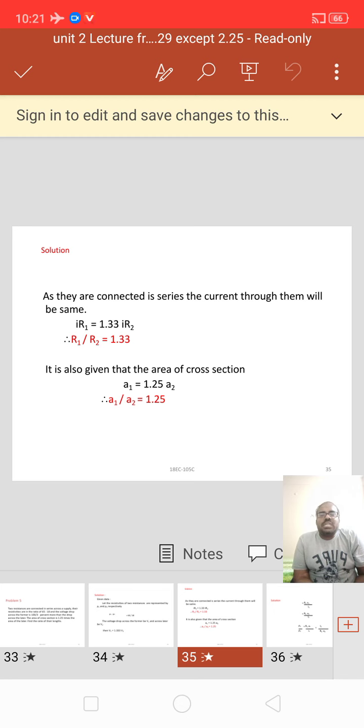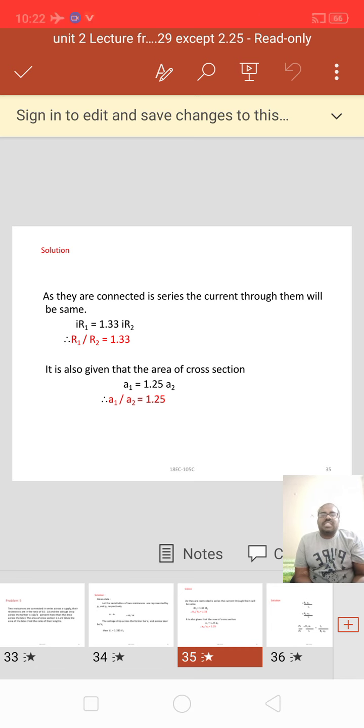So I into R1 equal to 1.33 into I into R2. R1 by R2 equal to 1.33. It is also given that area of cross section A1 equal to 1.25 into A2, that is A1 by A2 equal to 1.25.